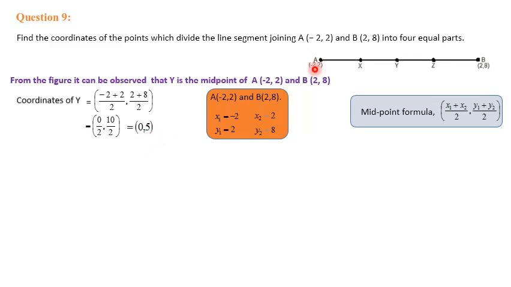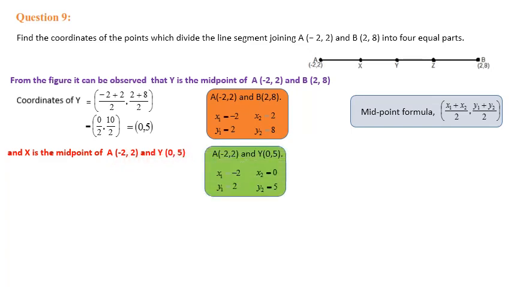Next we have to take A and Y. Considering A and Y, X is the midpoint. So that is what we are going to calculate. X is the midpoint of A(minus 2, 2) and Y(0, 5).